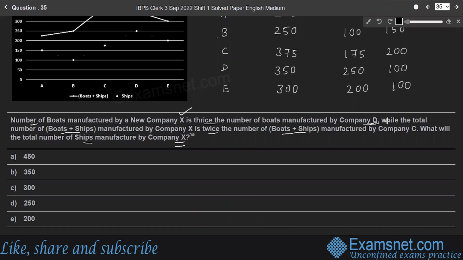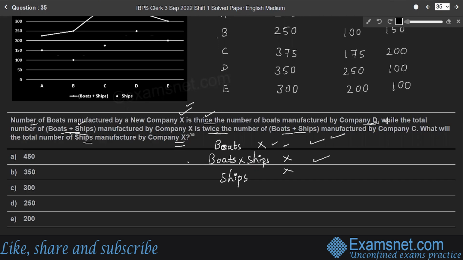Here, company X manufactures thrice the number of boats manufactured by company D. So in the first case, we need to find number of boats manufactured by company X. In the second part of the question, it is given that number of boats plus ships manufactured by X is twice the number of boats plus ships by C. So based on these two values, we need to find number of ships manufactured by company X. Right?